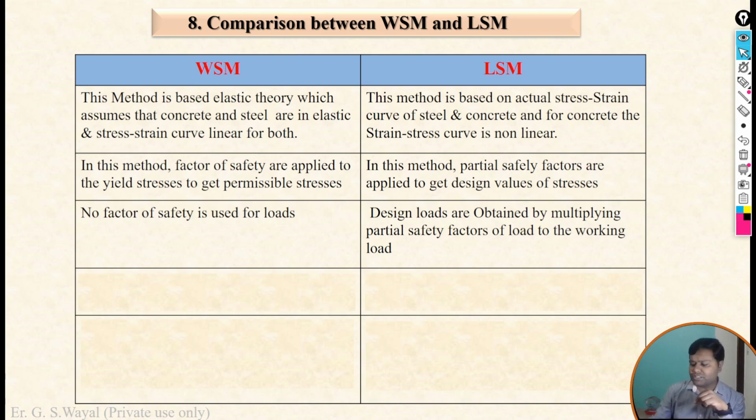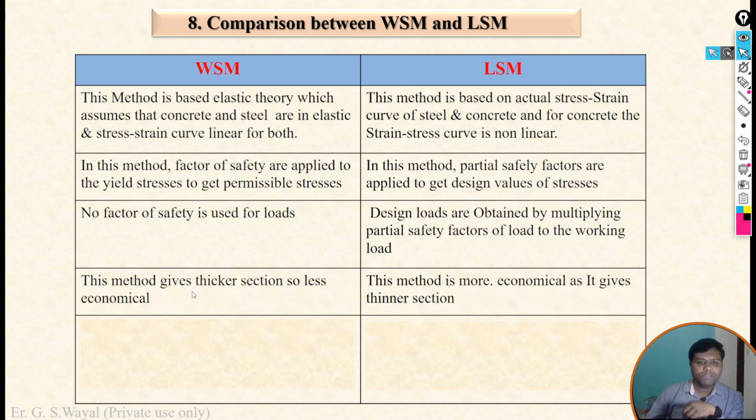So we use this formula: ultimate load is equal to factor of safety into working load, to calculate the ultimate load in the limit state method.